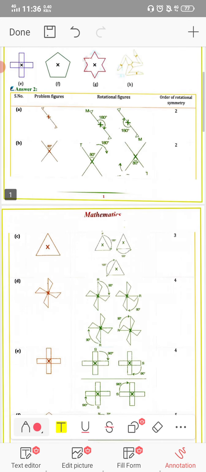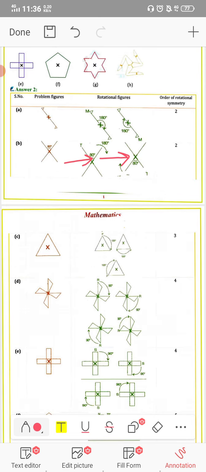In the second part, B question, we are having a cross, or we can say an X, and firstly we have to rotate it 180 degrees, and then again for the second time we have to rotate it 180 degrees.